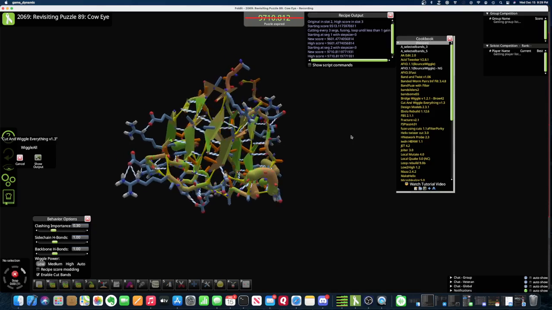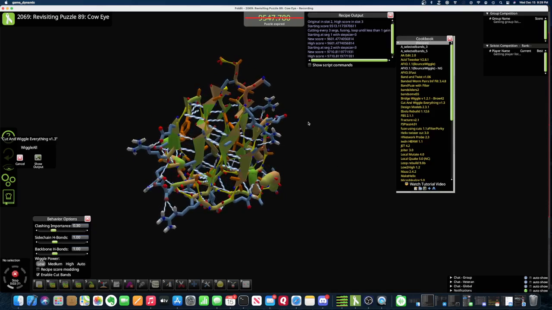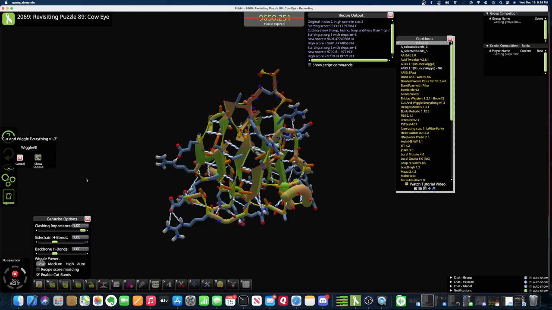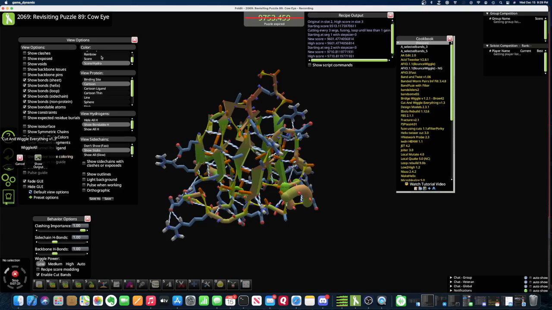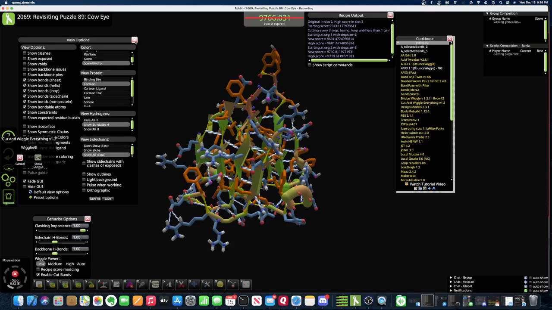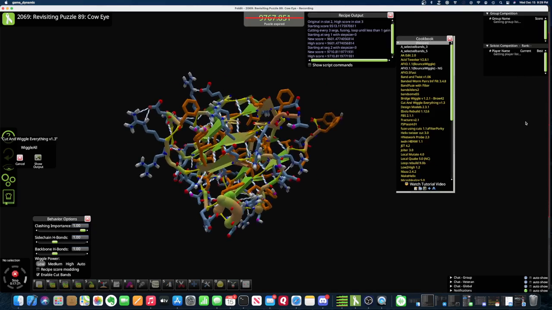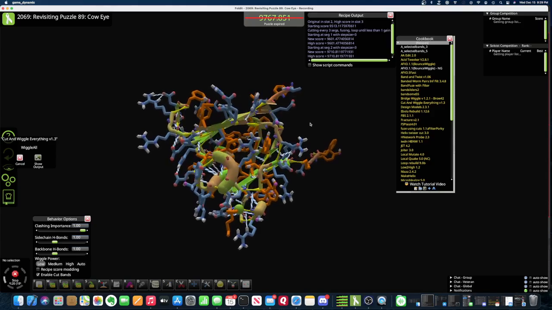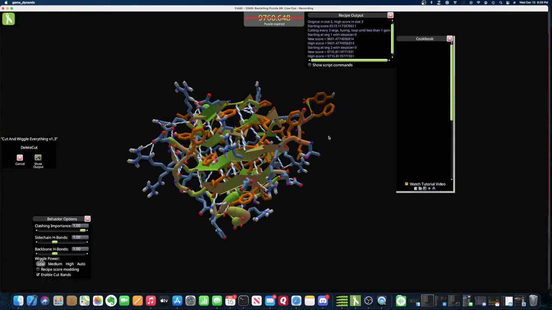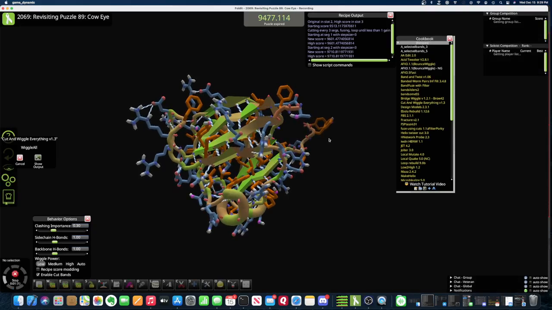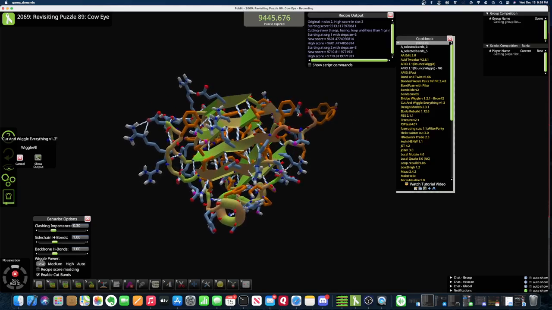So we just wait, watching it while it goes. One of the things I like to do, let me bring my view up. Viewing this, I always show all the side chains. It's a little slower and looks a little more busy, but if you're having trouble getting something to move together, you can see, oh well, this guy's interfering with this guy, or this guy's pushing this guy away.